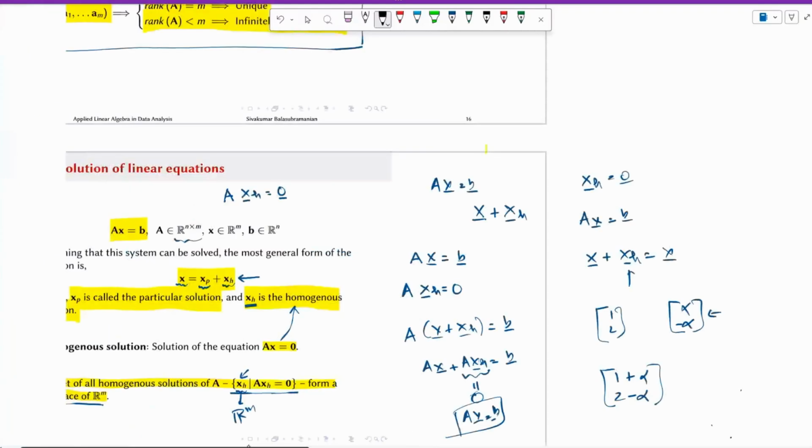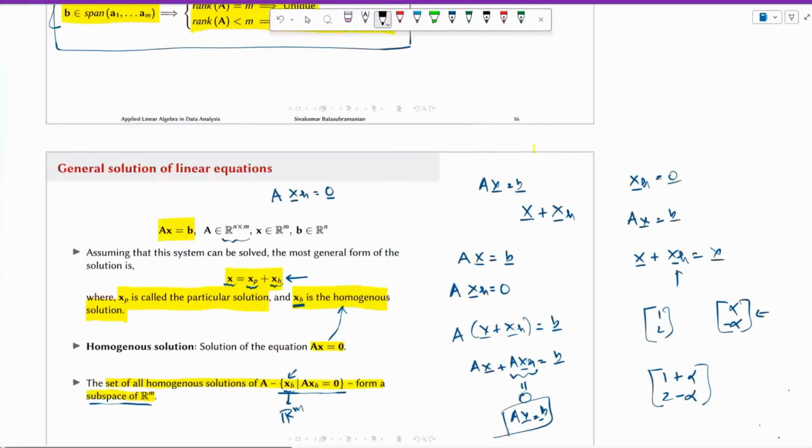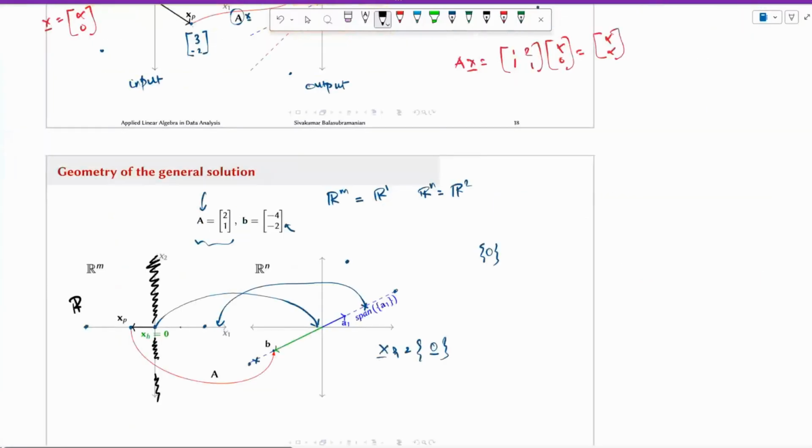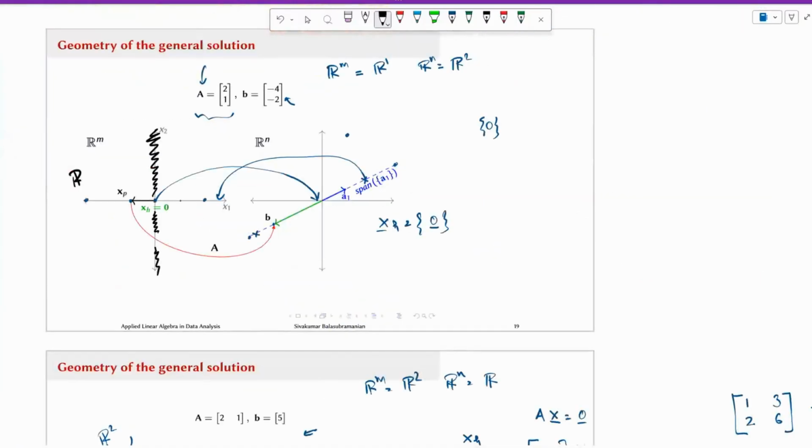Here, the column space is this line. Everything else is part of, again, not completely correct, anything outside this line is part of the left null space.